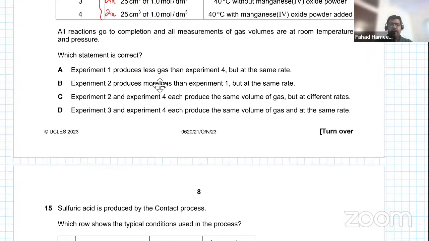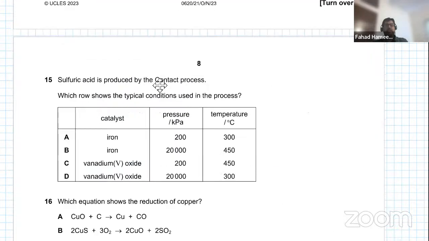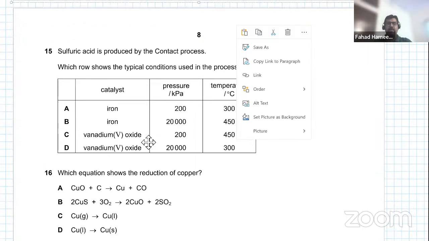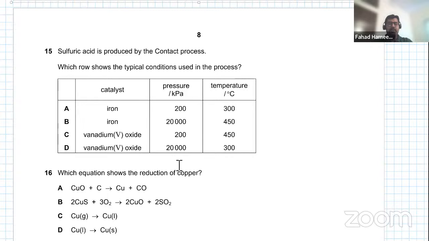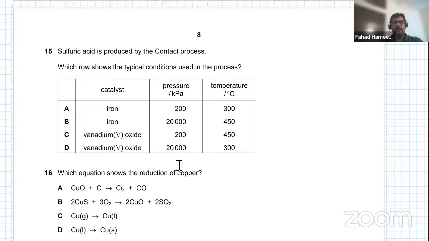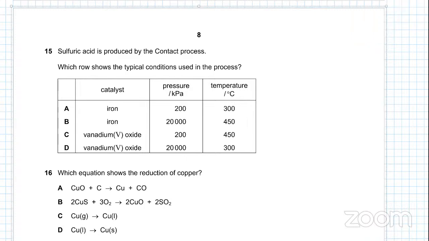Sulfuric acid is produced by the contact process. अच्छा which row shows typical conditions used in the process? It's for the contact process at C. कौन सा है? C. ठीक है C. That's fine.